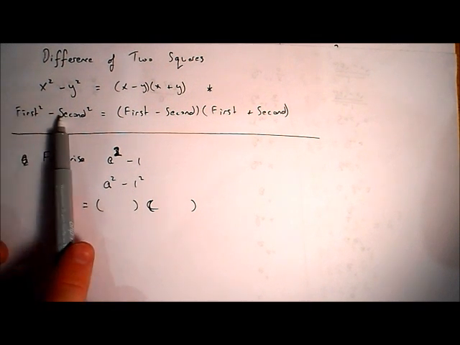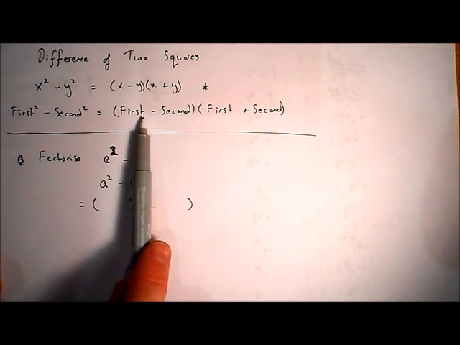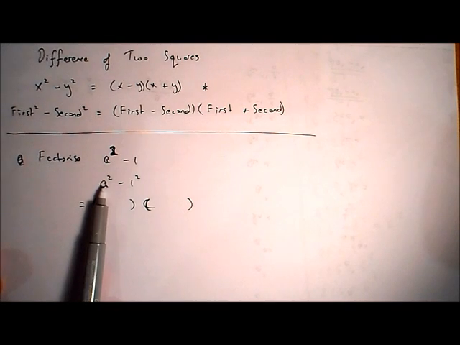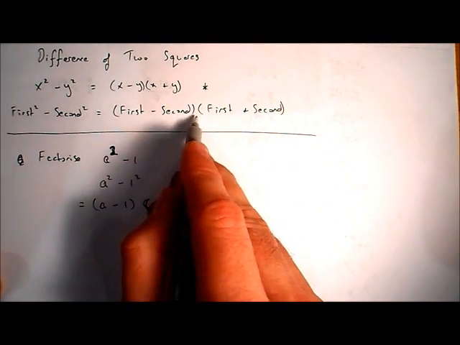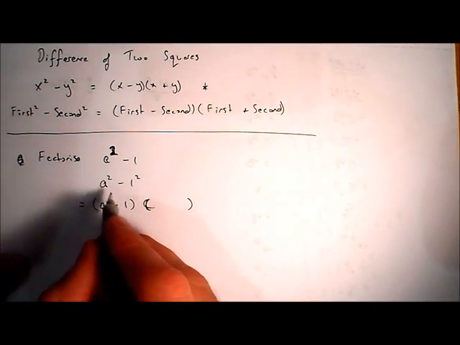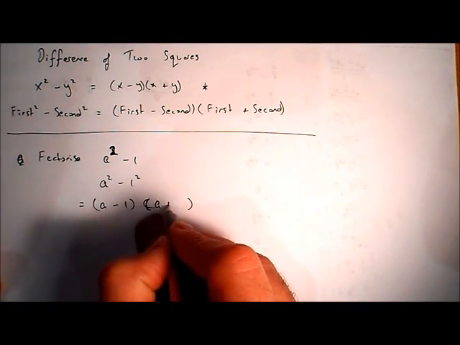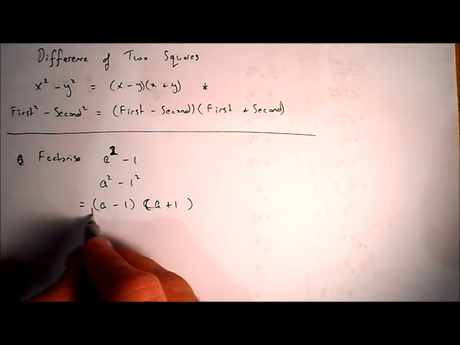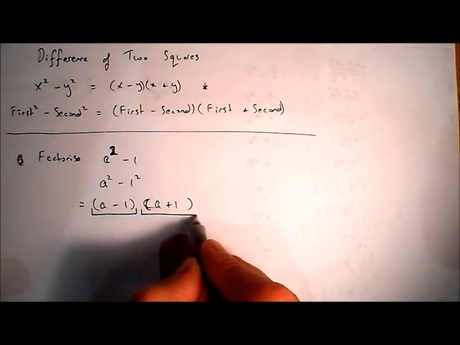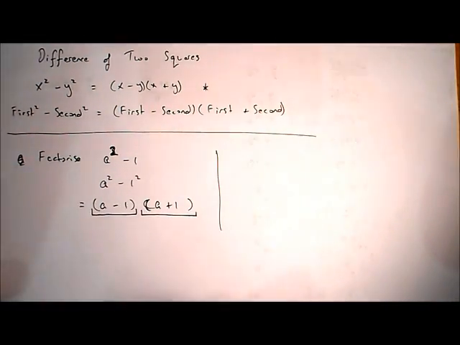So the first squared minus the second squared is the same as the first minus the second, so a minus 1, multiplied by the first plus the second, so a plus 1. So I factorized it. I started off with a squared minus 1 squared, and I've written it as something multiplied by something.